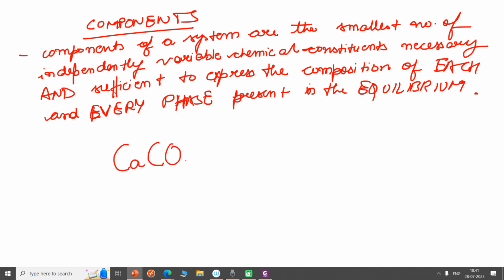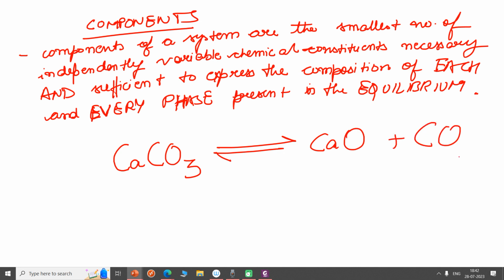if I have a system of calcium carbonate, and it exists in equilibrium with calcium oxide and carbon dioxide, and that's a gas, right? This is solid and this is solid. At equilibrium, all three, that is calcium carbonate solid, calcium oxide solid, and carbon dioxide gas, are present, but all three of them can't be considered as the components, right?